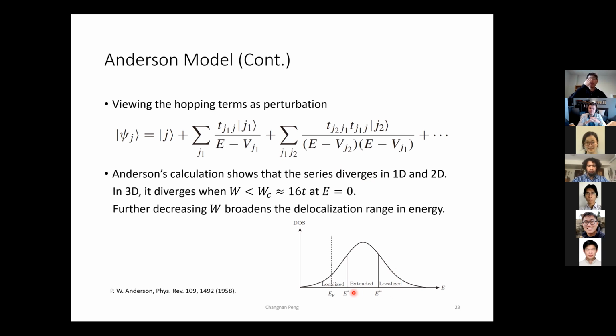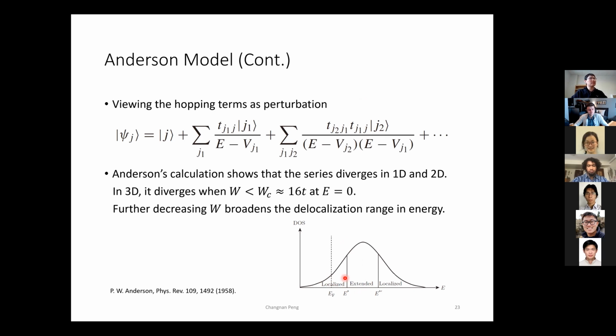I think it depends on the details of the lattice geometries and the system, but there's always a mobility edge. The extended states and the localized states are always separated. That's the feature.